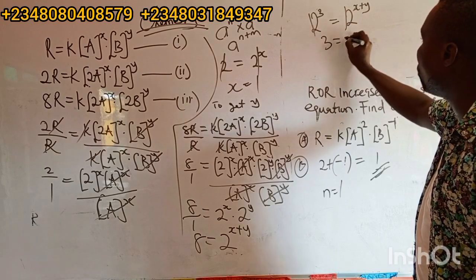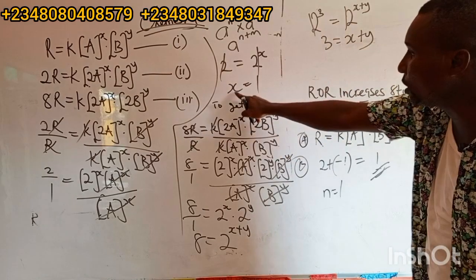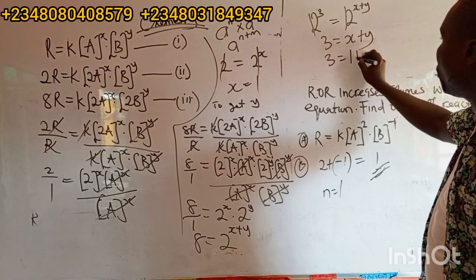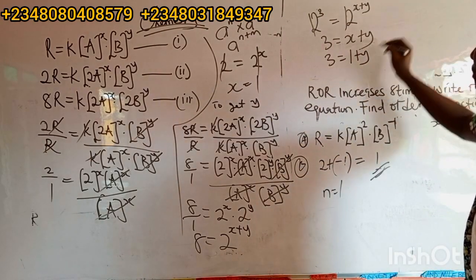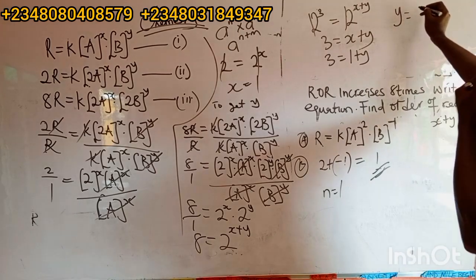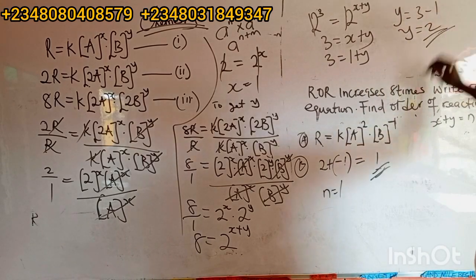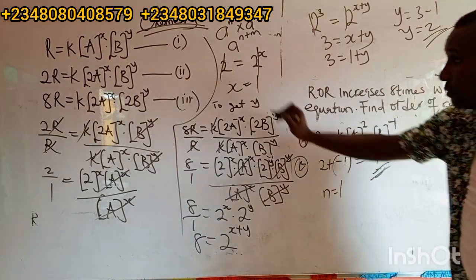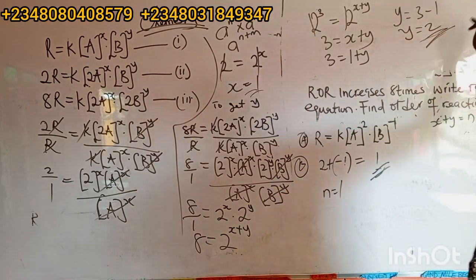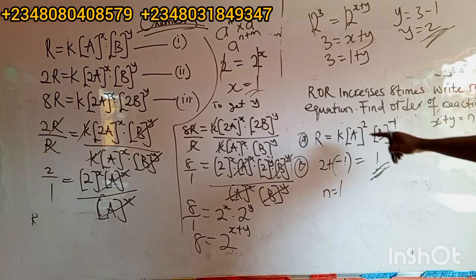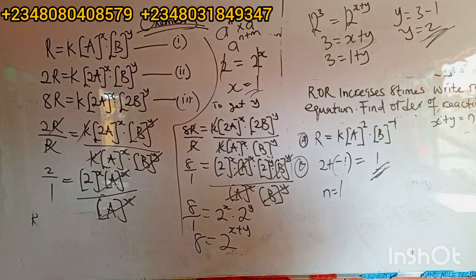I have 3 equal to X plus Y. What is my X? 1. 3 equal to 1 plus Y. You have Y equal to 3 minus 1. You have Y equal to 2. Y equal to 2. Then, now, write the rate law equation, find order of reaction.